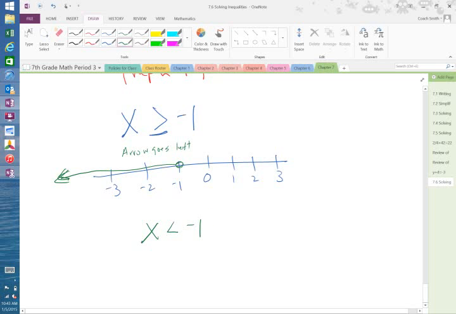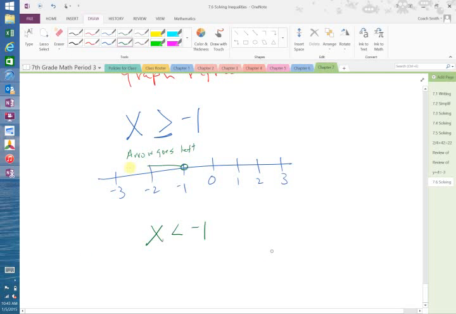Now, I want to show you a little something, and I need to do this line a little better here. Hang on. Okay, if you will notice, the point on the arrow and the inequality sign, they're both the same.